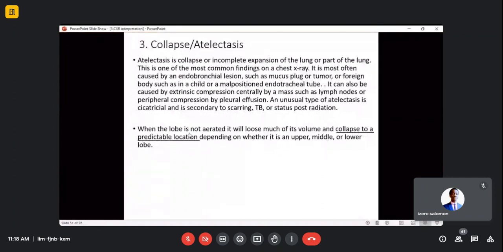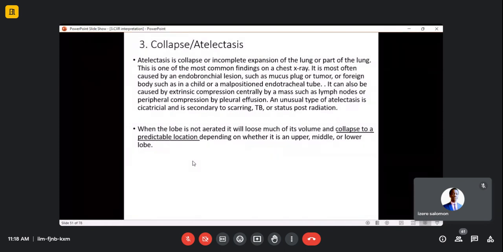That's what we are going to see. Each lobe collapses in a predictable way.